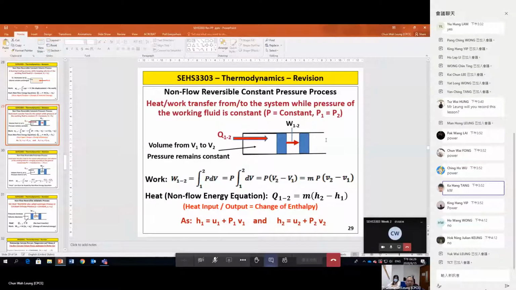We also start with the non-flow equation: Q12 minus W12 equal m times (U2 minus U1), right?